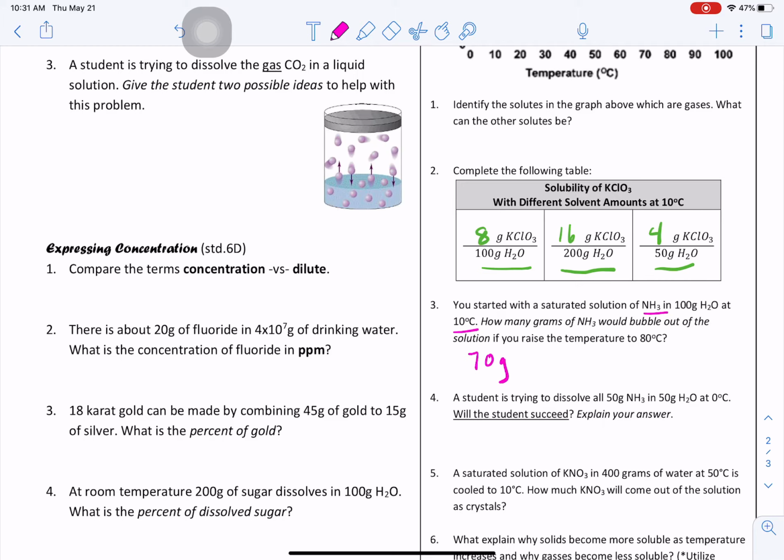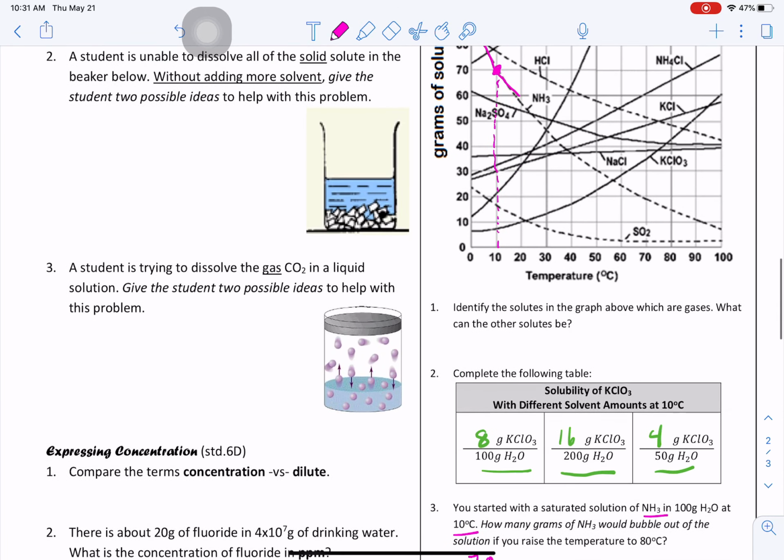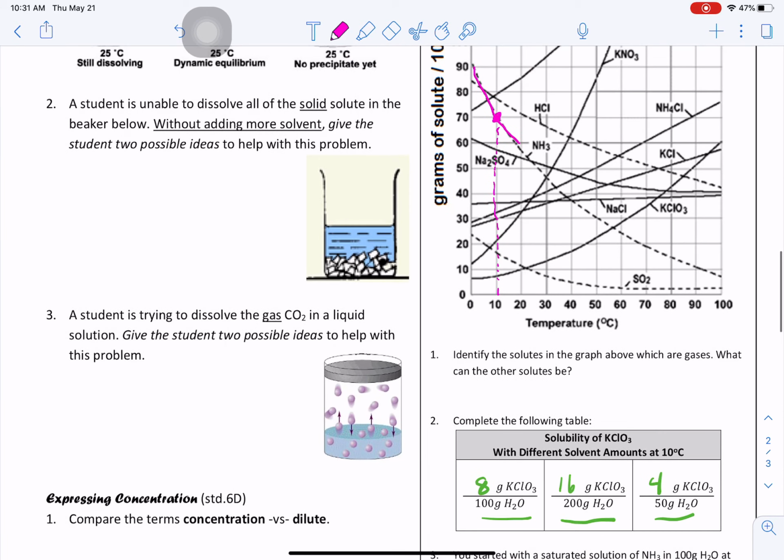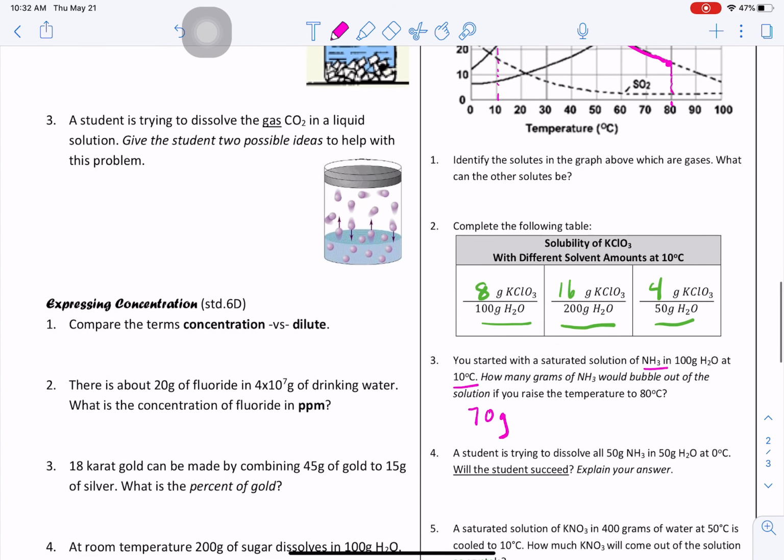At 80 degrees, where are we at? There's NH3 right here. I would say that's around 15. So we started with 70, subtract 15, and that will tell you how much has actually exited the solution.